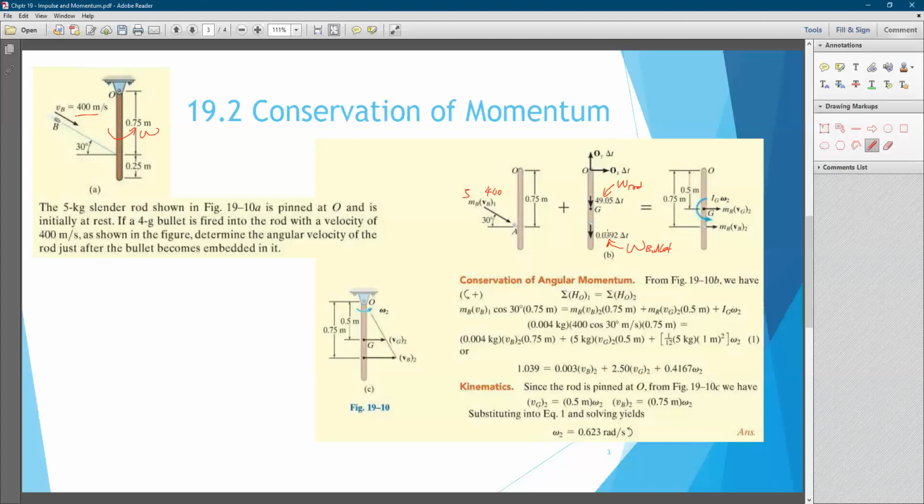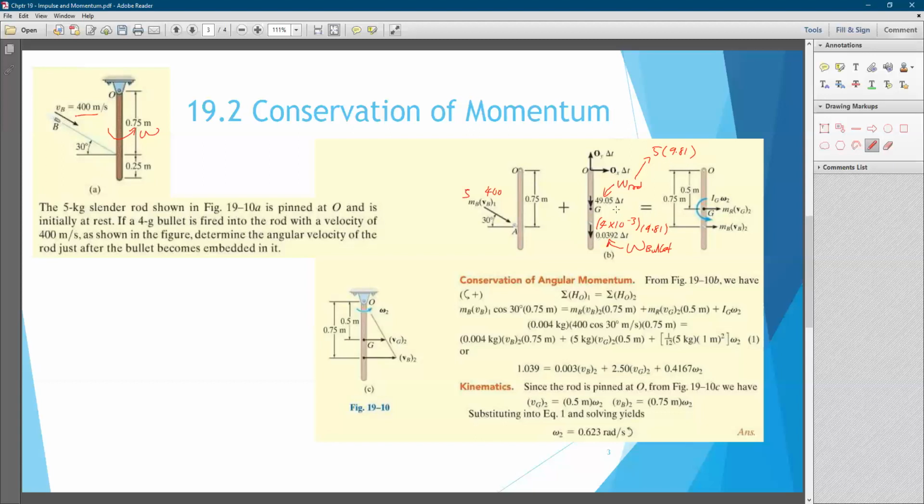Here is 4 gram, which means times 10 to the power of minus 3, then you multiply by 9.81, then you will get this value. And for the rod it is 5 kg times 9.81, so you get this particular value.